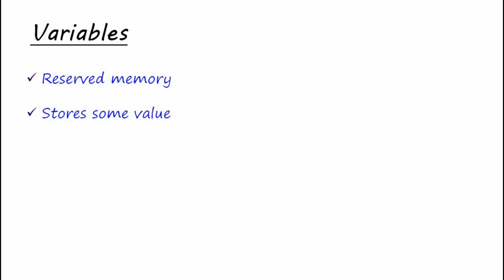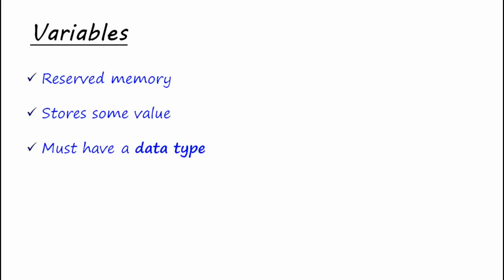Before we talk about data types, let's talk about variables a little bit. So variables are a reserved memory location which stores some value. And every variable will have a data type.